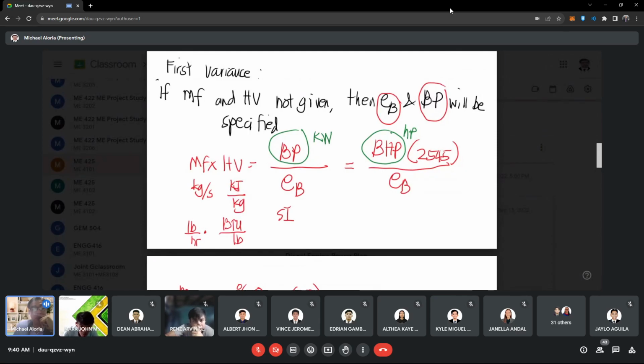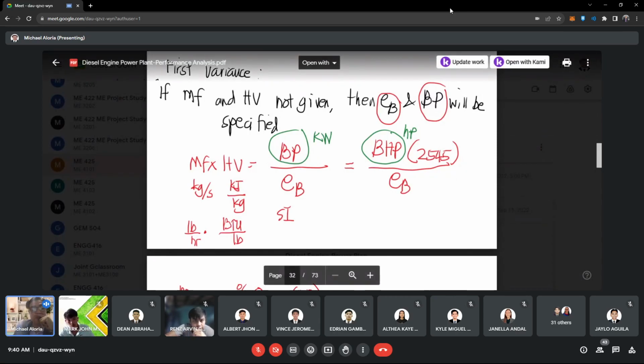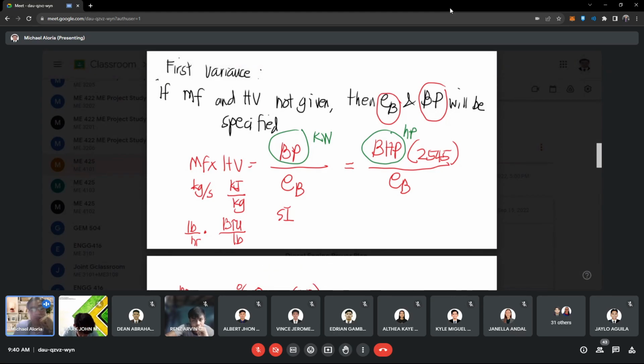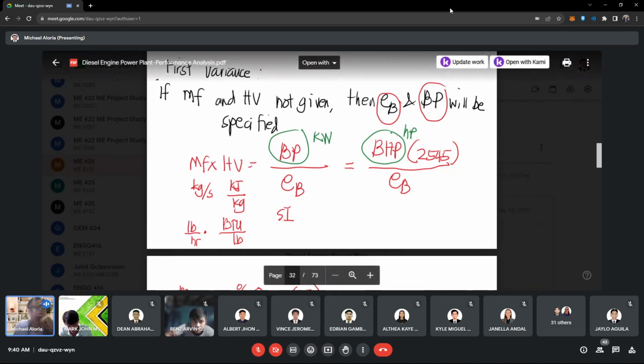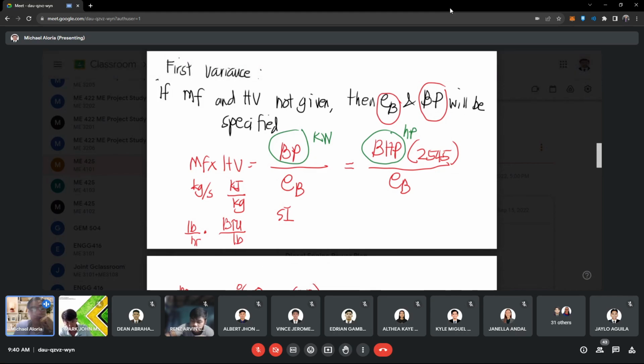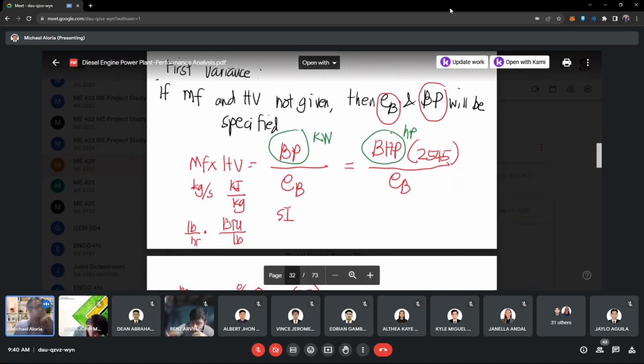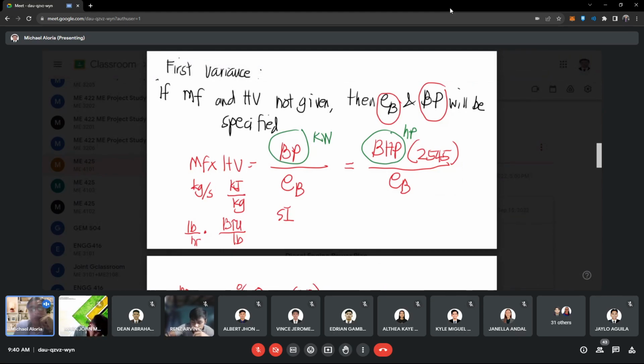Eb is BP over mF HB. Kaya pwede nating mF times HB equals BP over Eb. Kapag in terms of kilowatt, na sa SI units siya, ang iyong mass ng fuel ay kilogram per second, ang heating value mo ay kilojoules per kilogram. Kapag English units, ang iyong brake power is in terms of horsepower, kaya brake horsepower. I repeat, brake horsepower. Imo-multiply mo ng 2545 conversion factor kasi nga horsepower siya.